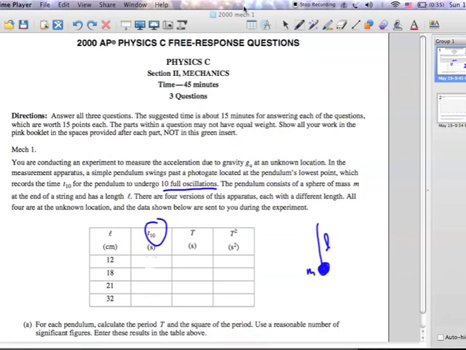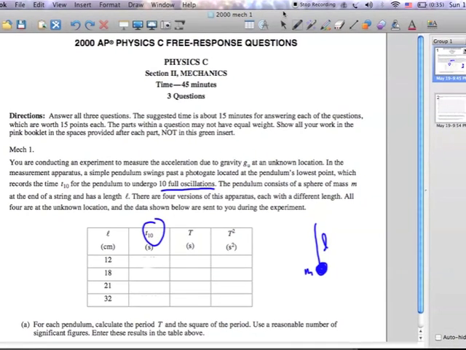So that gave us a time. That was the 12 centimeters. That gave us a time for 10 periods of 6.122 seconds. And so I'll do the next one, 18 centimeters.